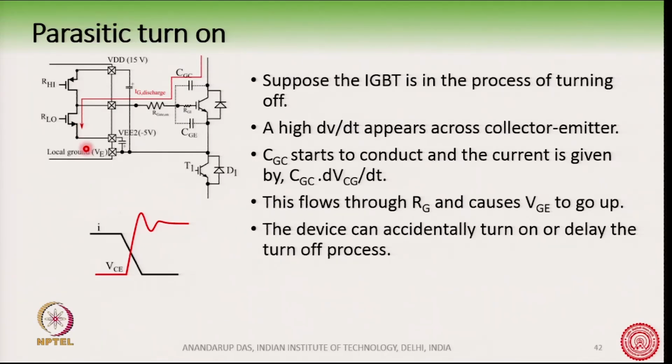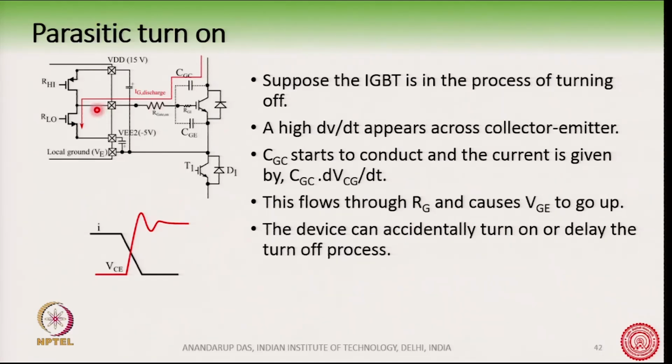Okay. And what is the current flowing? CGC times dVCG/dt. This is the current which will flow through this here. Now, this current will flow through the R gate off, or it is a parallel combination of R gate on and R gate off, RG on and RG off, it will flow through this together.